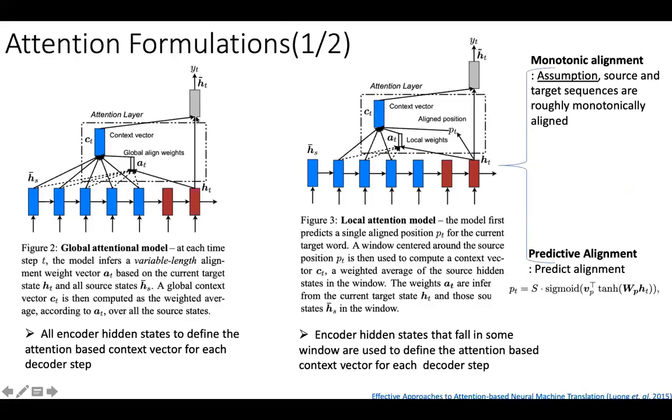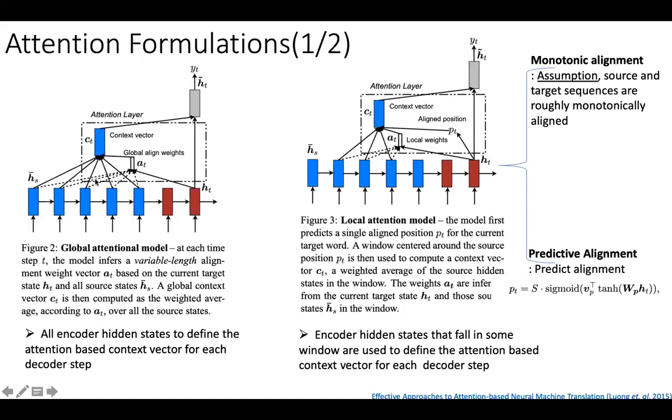So here I will talk about some attention formulations. One of them is the global attention model. In global attention, scores are calculated for all of the encoder stages. Like in this figure, these are the encoder stages and these are the decoder stages.